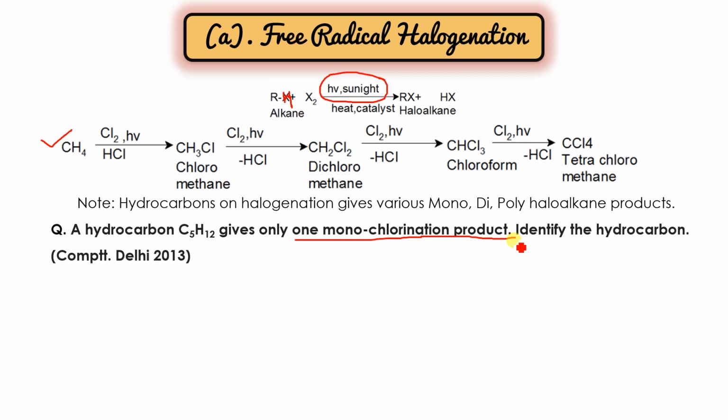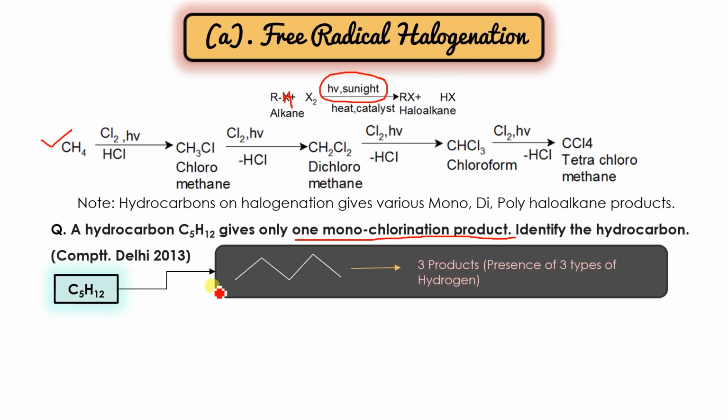So first you draw the structure of all the isomers of C5H12 and then think. If I draw a structure like this, it is n-pentane, normal pentane. It will give you three products. How? Chlorine can be added over here, chlorine can be here, and chlorine can substitute the hydrogen from here also. So it will give you three monochloro products.